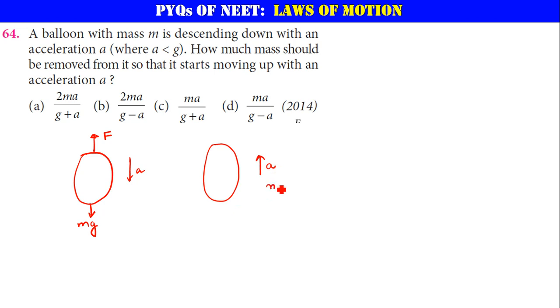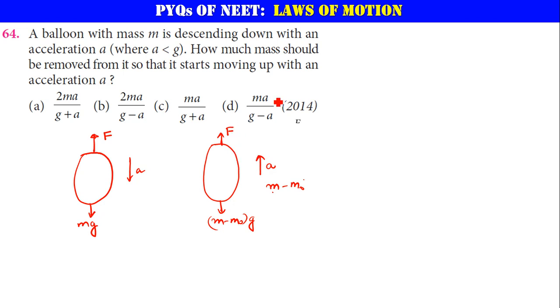Let us say the removal of mass is m naught. Out of m, you are removing m naught. Now the total mass is m minus m naught, so the gravitational force will be m minus m naught into g. But the force acting on this is still F, because we are not changing anything on this. Because of this force only it has to go up.